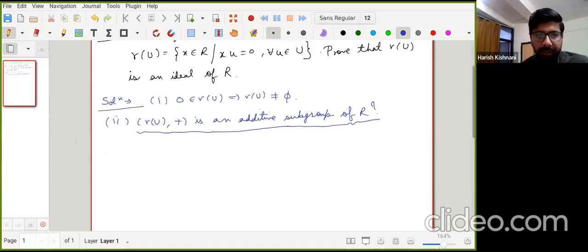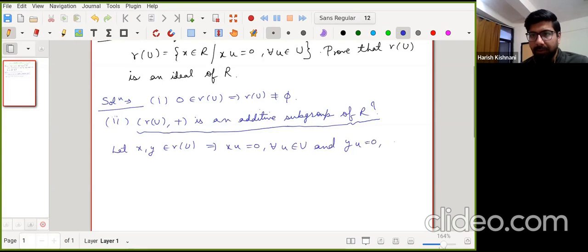You just pick some elements X and Y in R of U. It gives you that XU is equal to 0 for all U in U, and YU is equal to 0 for all U in U. That will imply that when you multiply X minus Y with U, as the elements are from the ring, you can distribute, and as XU and YU are both 0, on multiplying X minus Y with U you will also get 0.